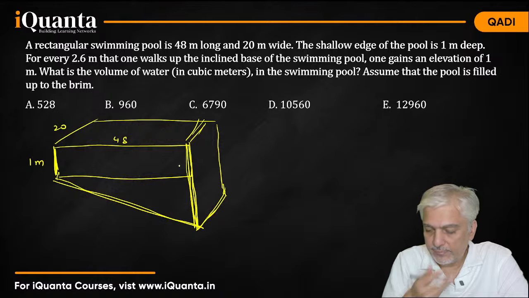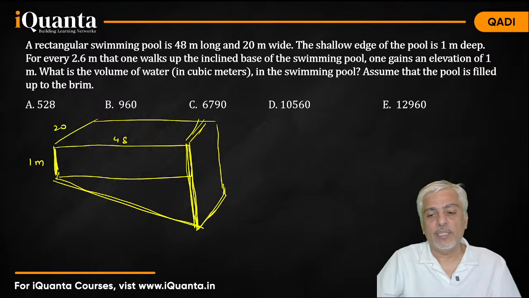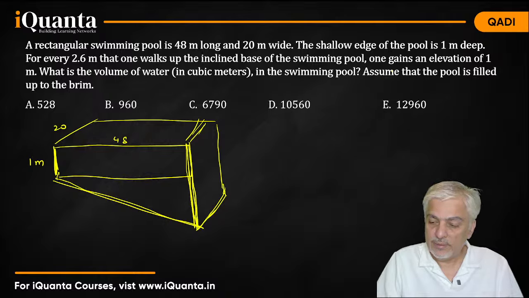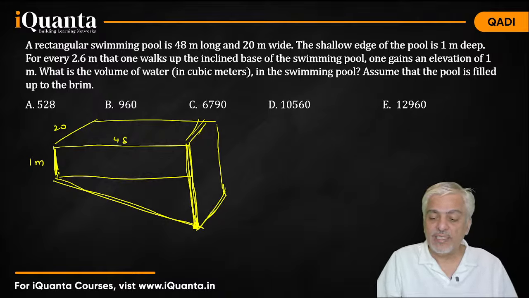Okay. Now pay attention very carefully. What was the important part over here? If you start from here, they're saying you gain an elevation of 1 meter every time. For every 2.6 meters that you walk, you gain an elevation of 1.